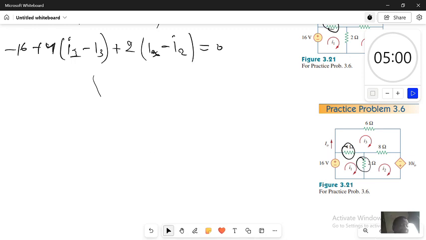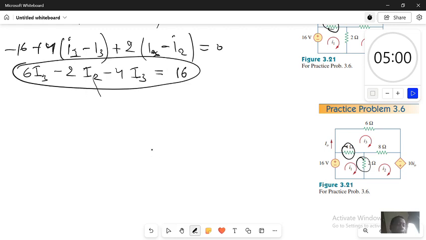So 4 I1 plus 2 I1 is going to be 6 I1 here. I will have minus 2 I2, minus 4 I3 equal, this minus 16 comes to this side, is going to be 16. So I'll have the first equation.